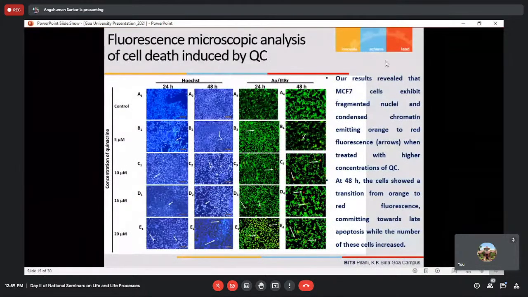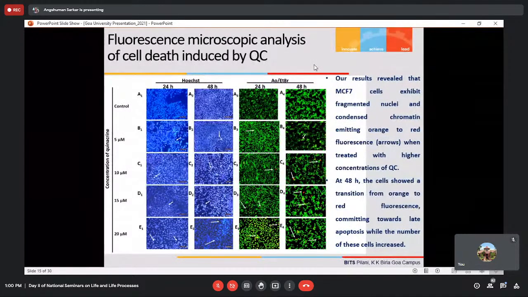This is another small piece of data, a very simple experiment where we exposed the cells to quinacrine, and we used ethidium bromide, EtBr, and an orange dye.